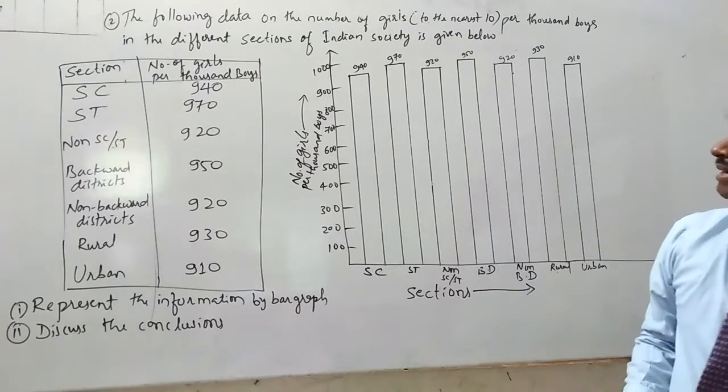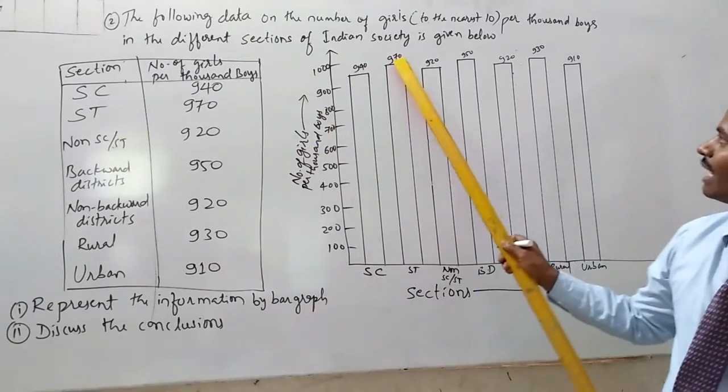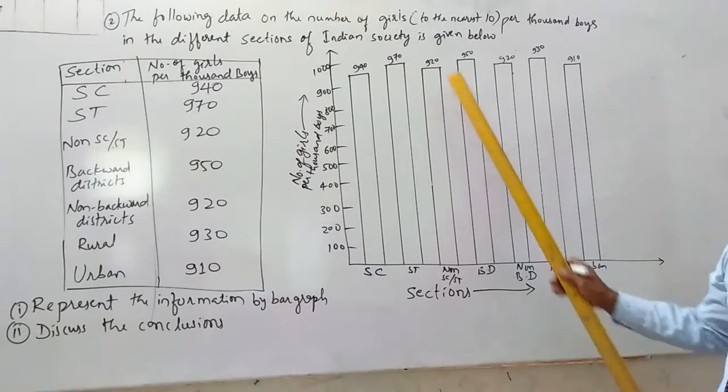Now observe here, there is very slight variation in the number of girls. The highest value is 970.